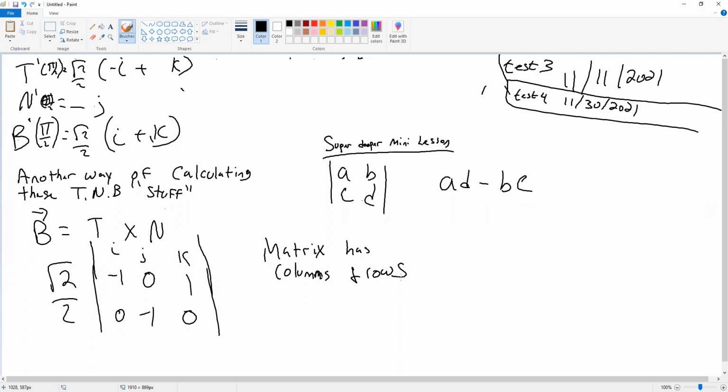This right here is going to be a row, this a row, this a row. This is a 3 by 3 matrix, as it has 3 columns by 3 rows. This right here is a 2 by 2 matrix, so it has 2 rows, 2 columns. So far, so good.